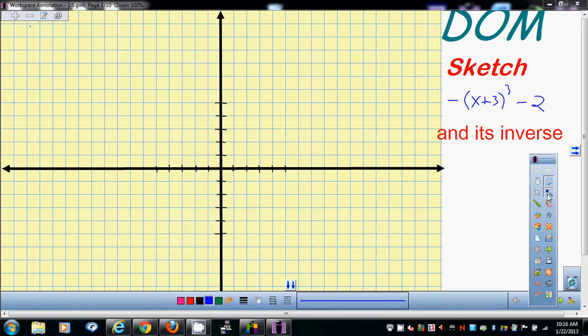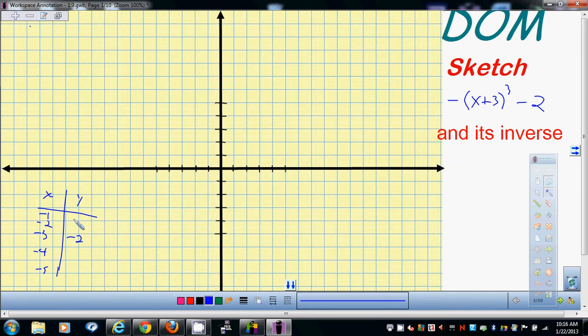So that's what it should look like when we're done, just by knowing those principles. But if we start at the point -3 and go on either side of that, so -2, -4, -1, -5, plugging -3 into the function, you should get -2. Punching -2 into the function, you should get -2 plus 3 is 1, cubed is 1, -1 minus 2 is -3.